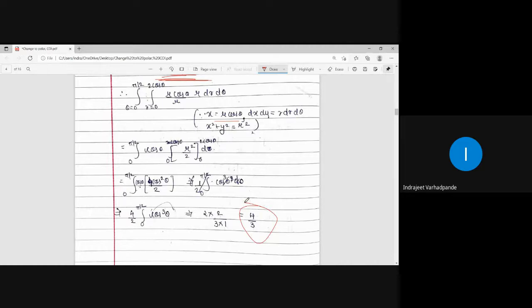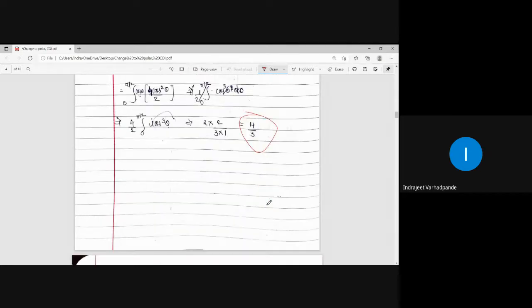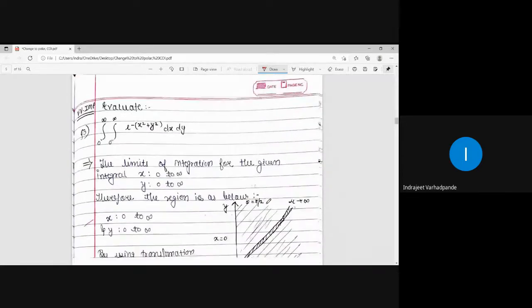As integration is a usual process known to everybody, I am not going into much detail of integration. Our focus here is only transforming the Cartesian coordinates to polar, drawing the region, getting down the radial strip, and then simplifying it. Right? So this is one of the examples which gives you a glimpse of how to simplify and solve it further.